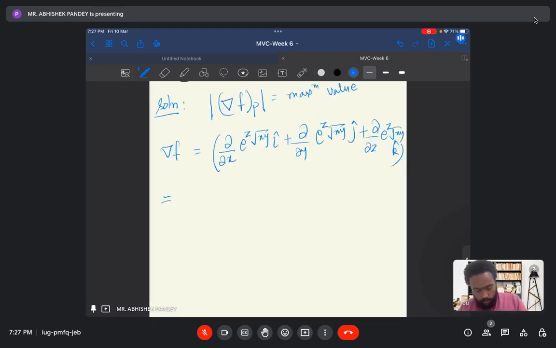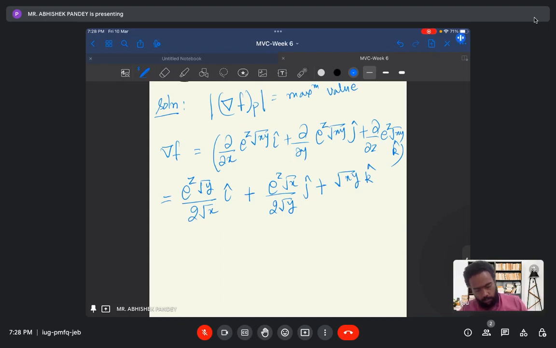So you will get e to the power z root over y upon 2 root over x i cap plus, with respect to y, e to the power z root over x upon 2 root over y j cap plus root over xy k cap.